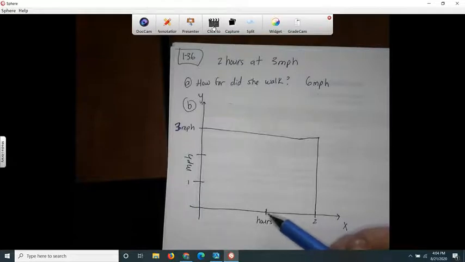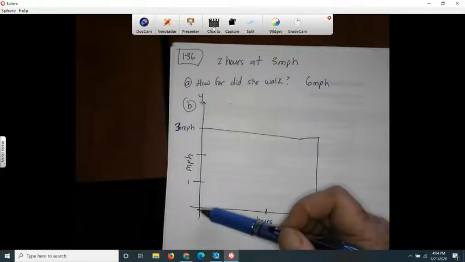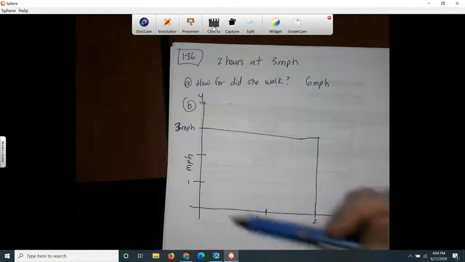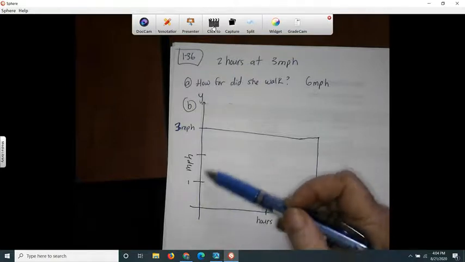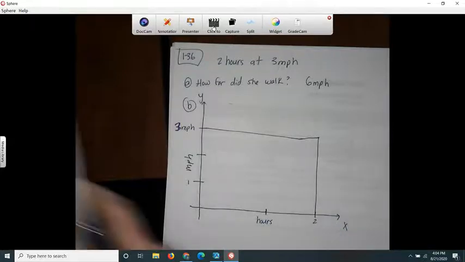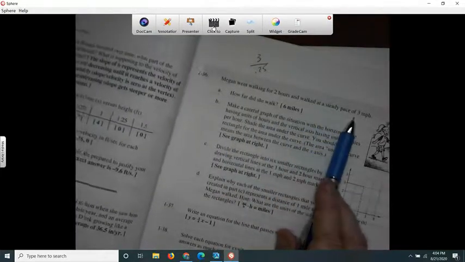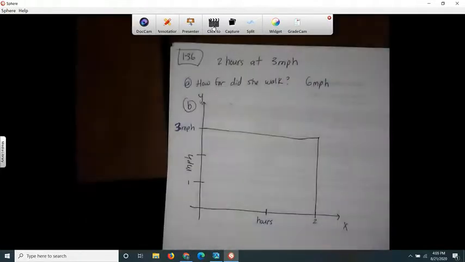So when I first wanted to draw my graph, I was thinking about the problem that we did in class about the car that got on the freeway for a while, and that's what I first drew. And then I looked at the answer key, and they had a different answer. So I think because it says she walked at a steady pace of 3 miles per hour, and because it's walking, you could start walking immediately at 3 miles per hour.